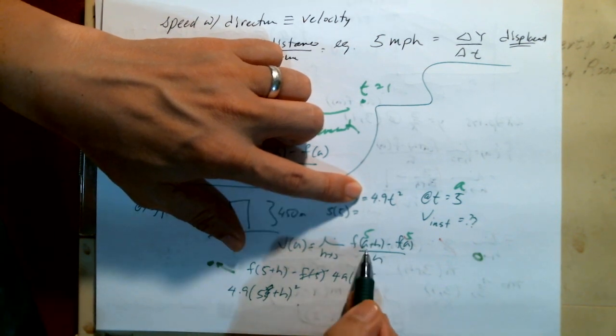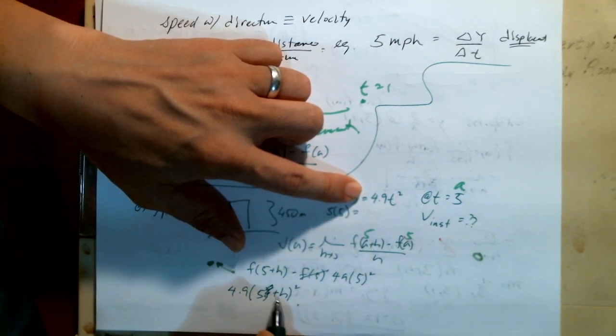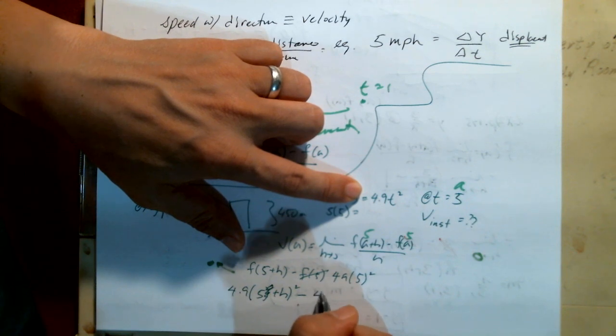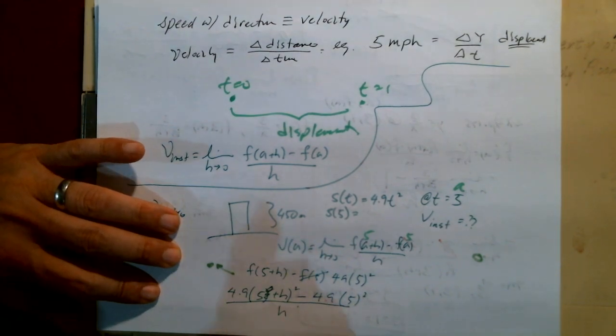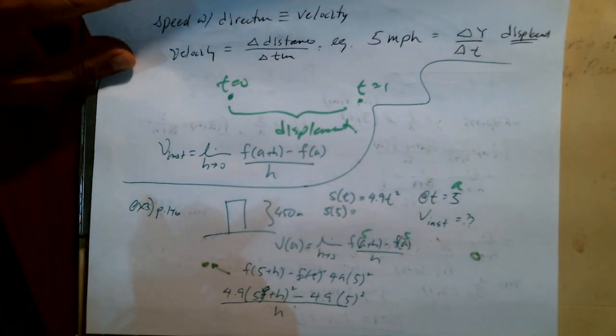You're going to plug in 5 plus h. 4.9 times 5 plus h squared minus 4.9 times 5 squared all over h. Now it gets a little bit tricky. I'm going to use a new paper for this, okay?